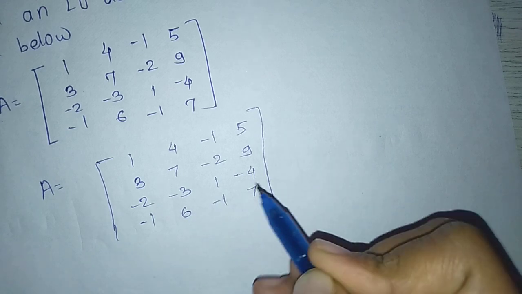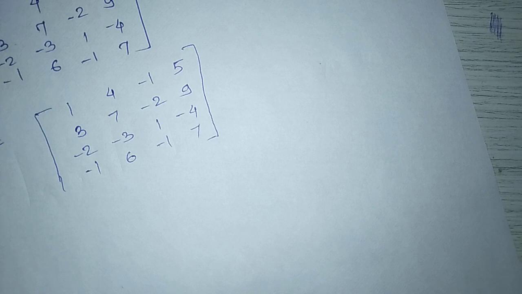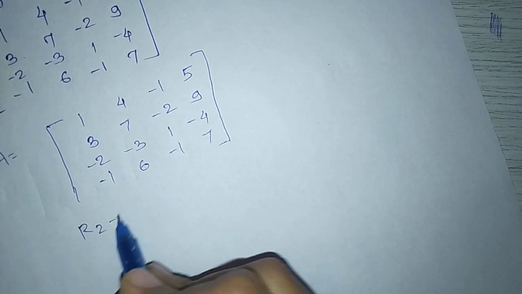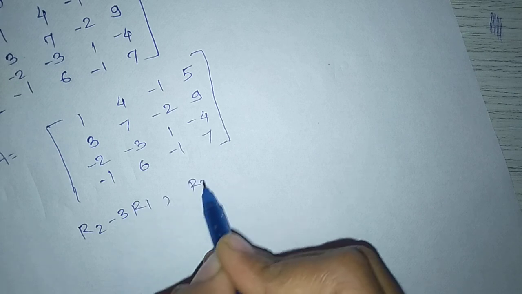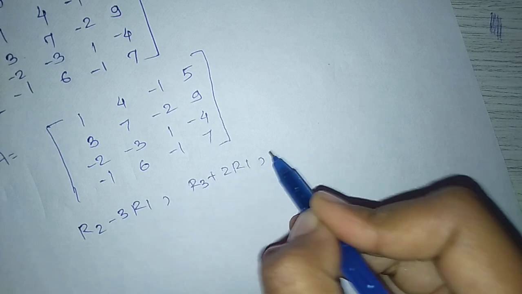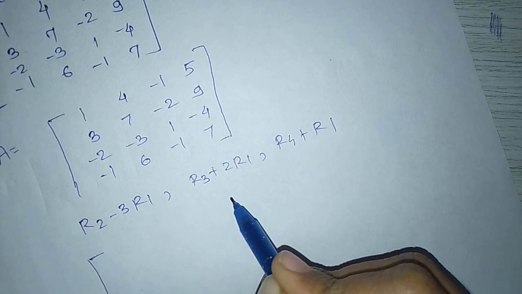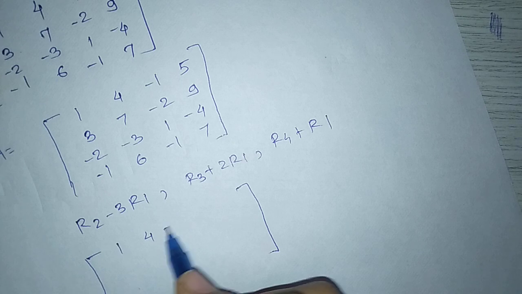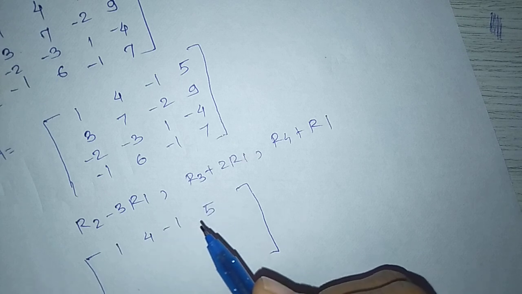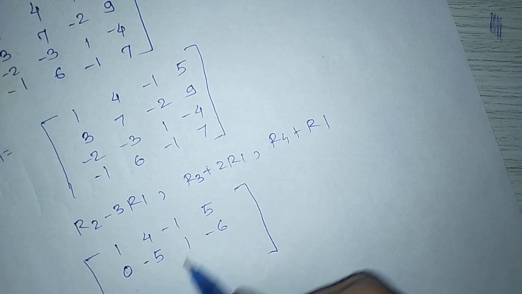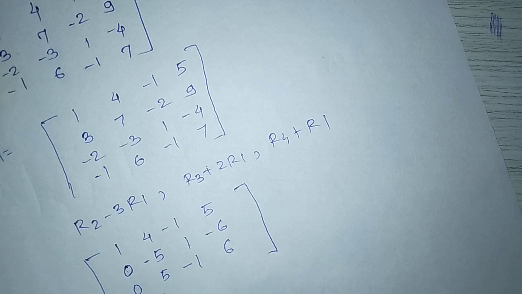Now reduce it into row echelon form by using suitable row operations. The first row operations are R2 minus 3 R1, R3 plus 2 R1, R4 plus R1. We get the first row as it is. The second, third and fourth rows become 0, minus 5, 1, minus 6; 0, 5, minus 1, 6; 0, 10, minus 2, 12.